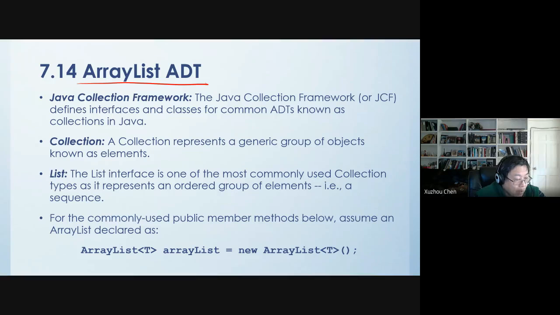Now the syntax for the array list is this. We can say ArrayList<T>. We use a general character T to represent any kind of object or class. This is the reference variable, which is a particular array list.